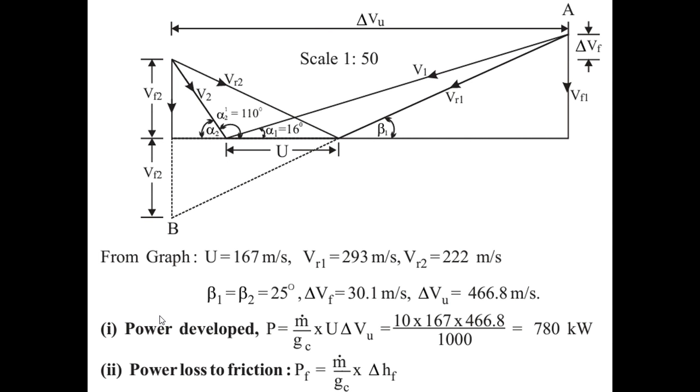You extend it. Once you take the VF1 on the bottom side, from that end bottom point you can extend to this top line VR2. Both lines will cut at one point here, at beta 1 or at U. Are you understanding, all of you, the procedure I'm telling?